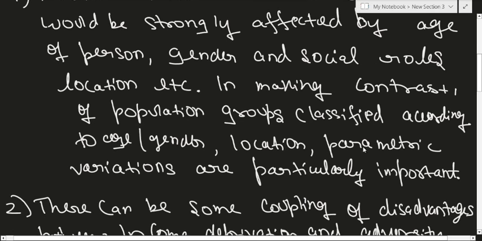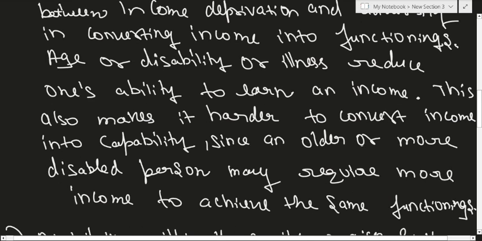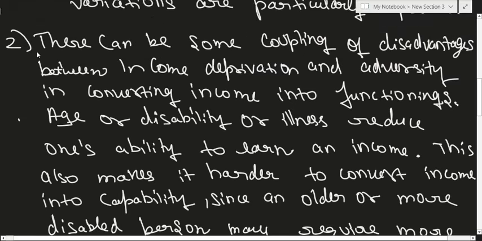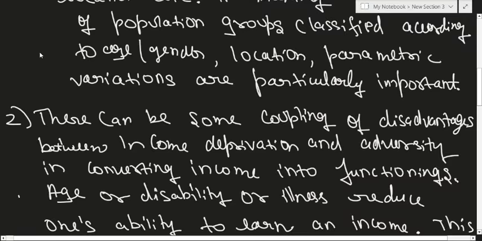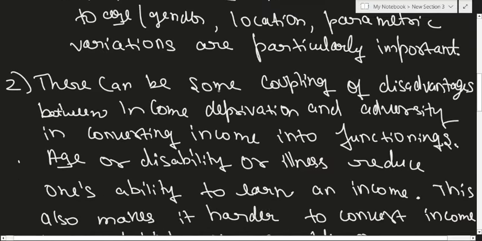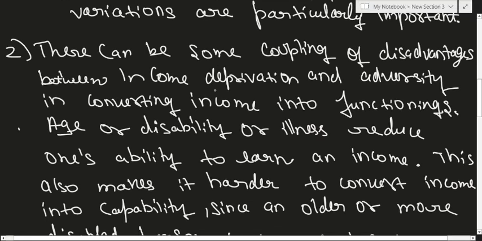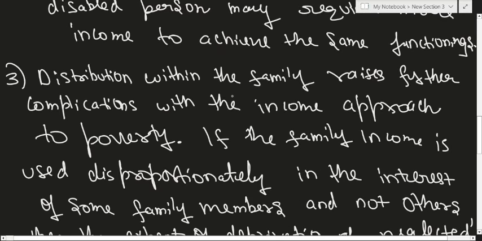There can be capability deprivation in the conversion of income into functionings. Say person A is completely fit and able to lead a long and healthy economic life, while person B has a loss of vision. He has the same income, but to achieve the same social functionings he has to allocate more income. Okay, so that was all about it.